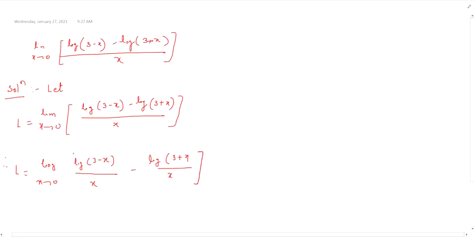Or the same term can be written in another way. Here I want to mention this right now. Limit x tends to 0, taking 1 by x common outside the square bracket, of [log of (3 minus x) minus log of (3 plus x)].